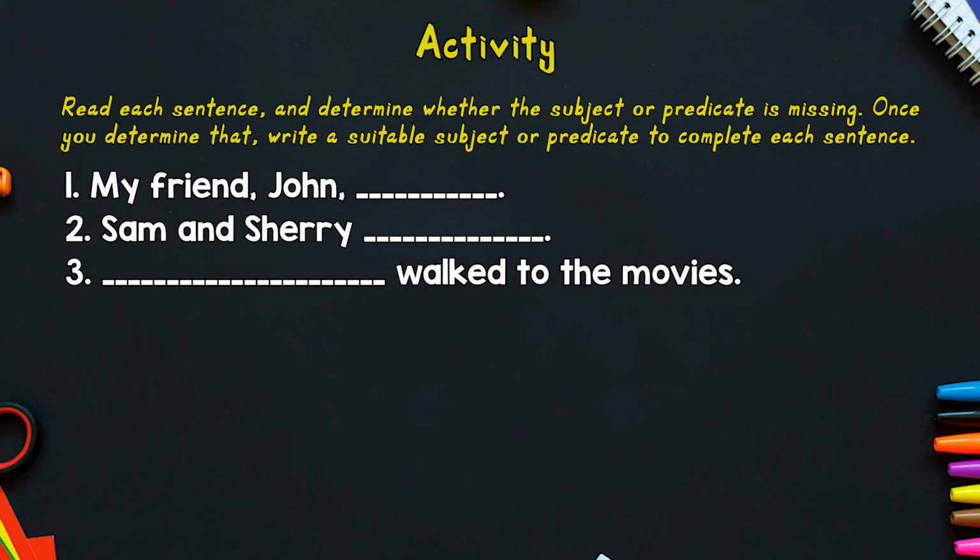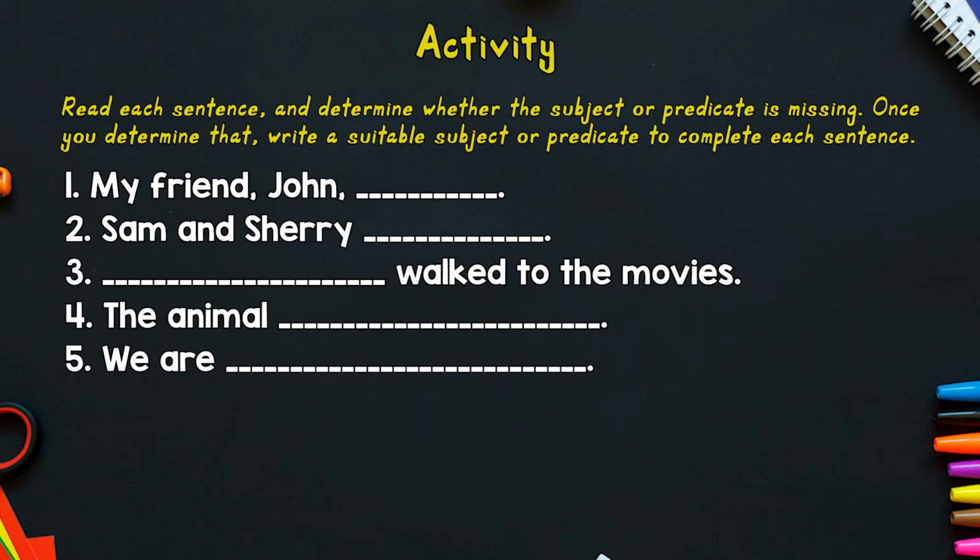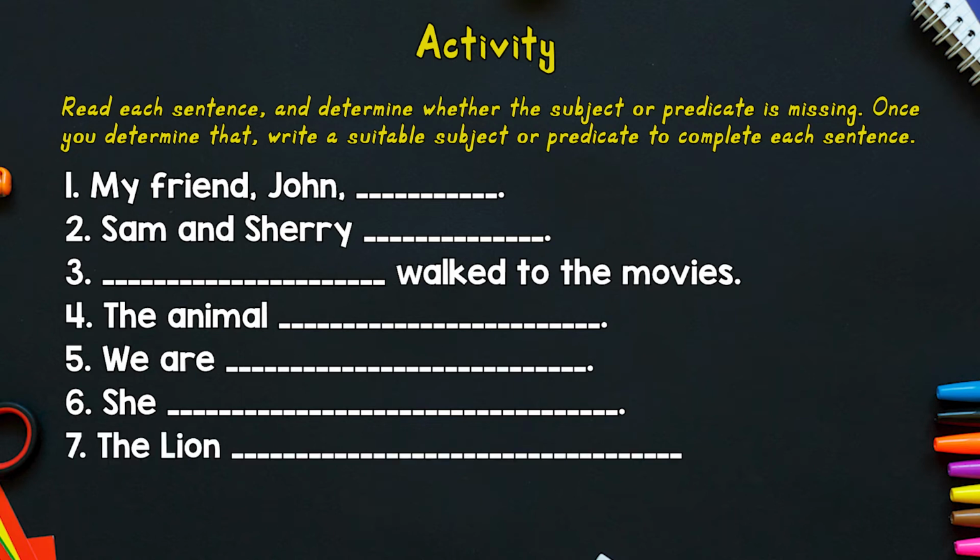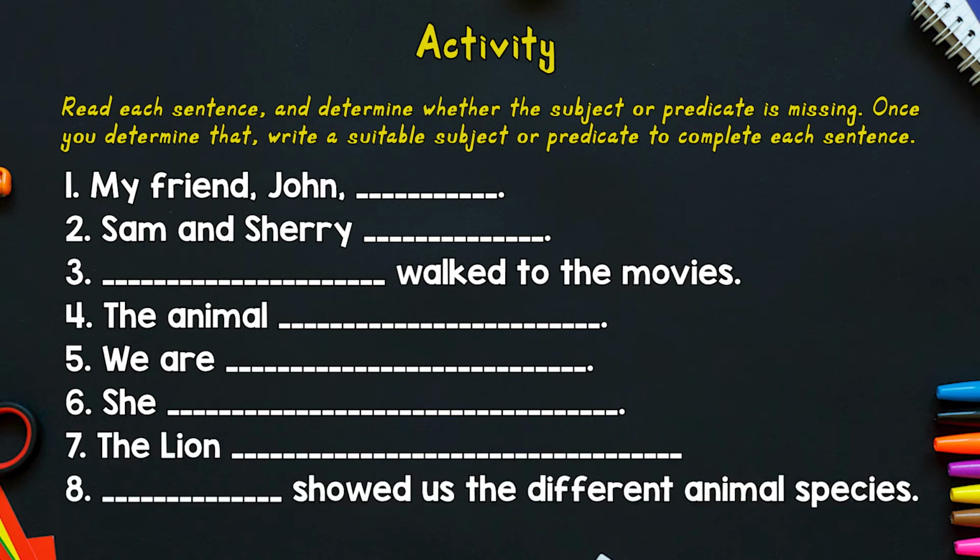So would walked to the movies be the subject or the predicate in this sentence? You have to decide. Number 4, the animal. Number 5, we are. Number 6, she. Number 7, the lion. Number 8, blank showed us the different animal species.